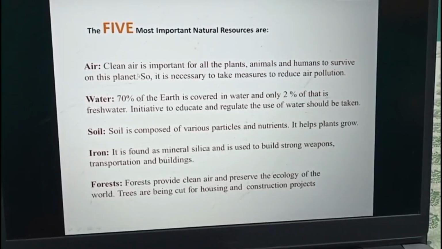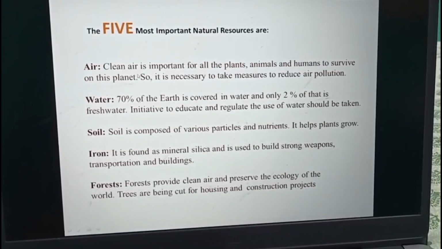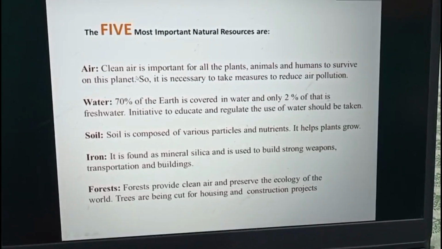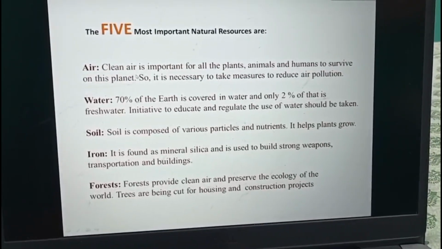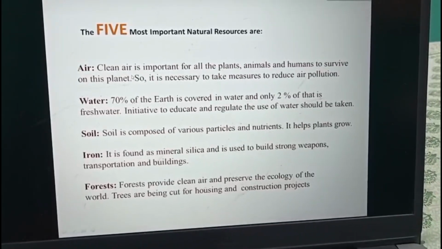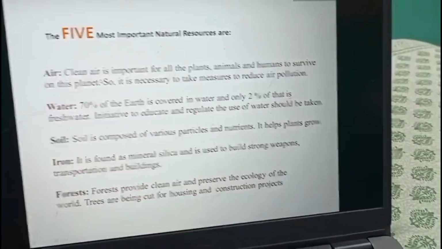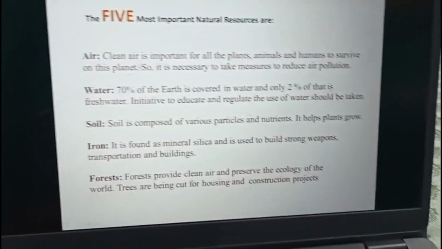Come to the five most important natural resources. I will just mention the names. We all know the natural resources examples and the definition we have already learned, but again I have written it: air, water, soil, iron, and forest. Iron means the different kinds of minerals which we are utilizing for building purpose or transportation purpose.